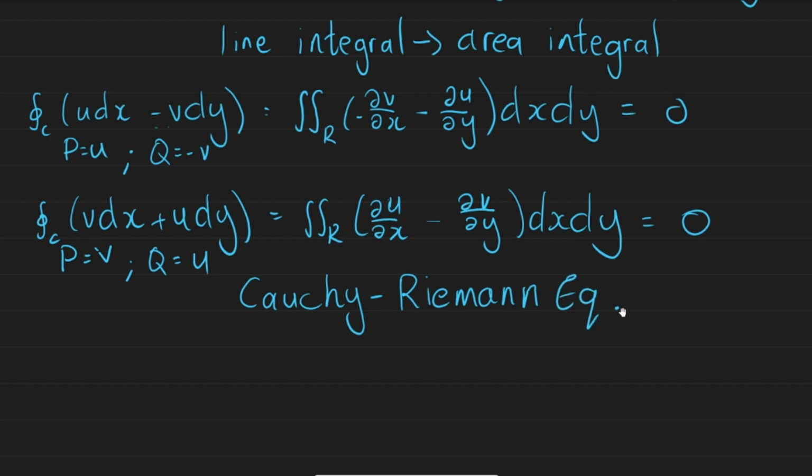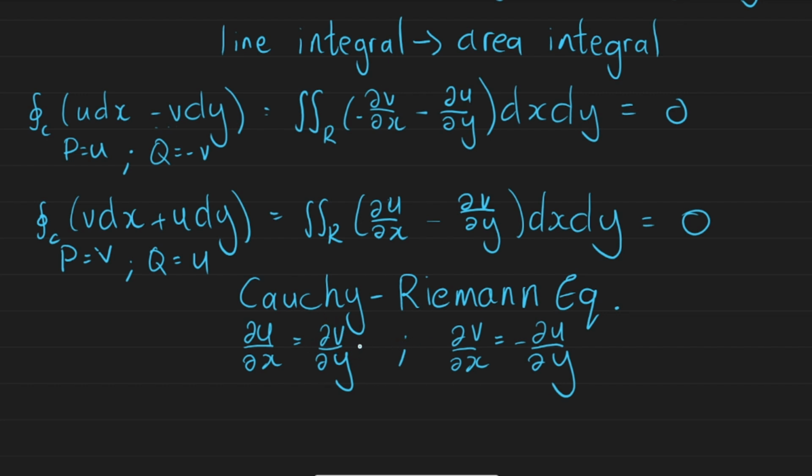We derived these equations in one of the previous videos in the series, so I encourage you to have a look at how they are derived, but we're just going to use them here. The Cauchy-Riemann equations said that du/dx is equal to dv/dy, and the second equation was that dv/dx is equal to minus du/dy.